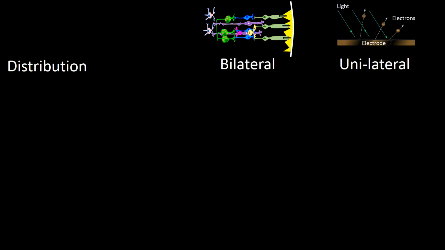The main distinction between retinoelectrical artifact and photoelectric artifact is in their distribution. Retinoelectrical artifacts are bilateral, whereas photoelectric artifacts, I prefer to term them photoelectrode artifacts, are unilateral.